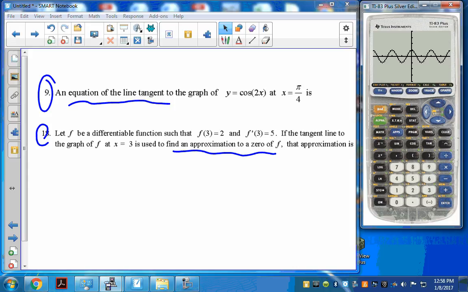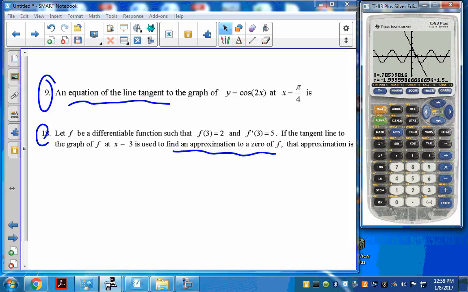It talks about the tangent line to the graph at x is pi over 4, and we can actually draw the tangent line on the calculator. It's second program, which is the draw menu, and if you go down to option number 5 and then type in pi divided by 4, that draws the tangent line, and it also gives you the equation of the tangent line.